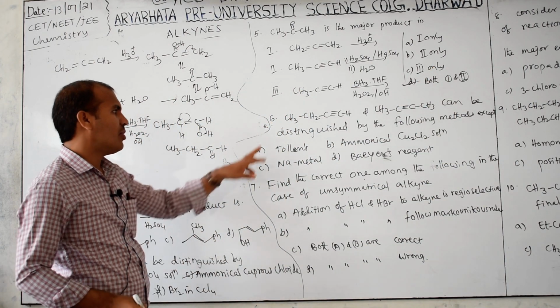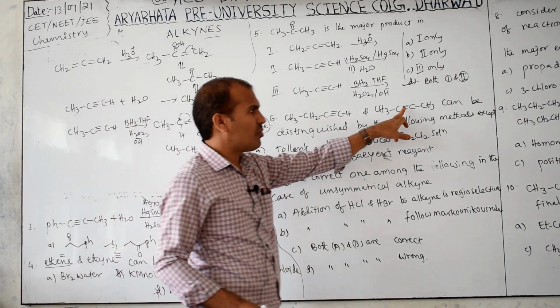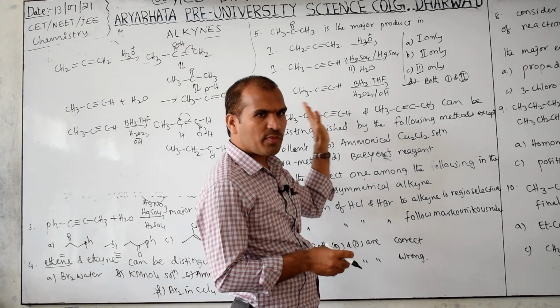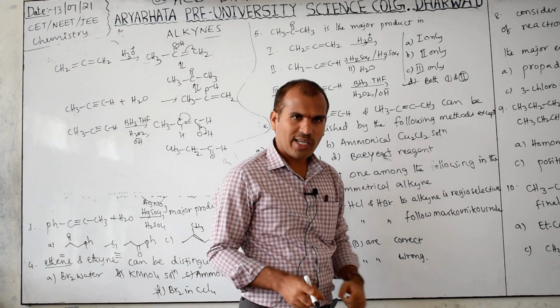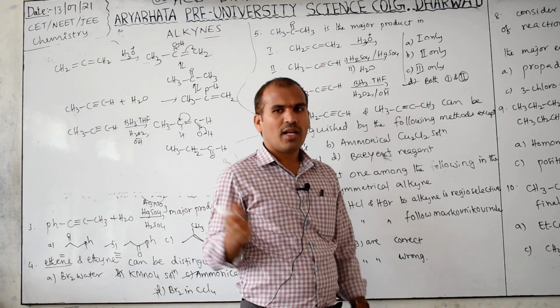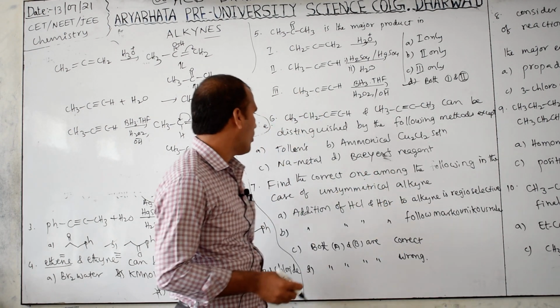Okay. Now, which one is the alkyne? This is terminal. This is internal. It means the triple bond is present in the middle, or at the end. Terminal and internal alkynes can be distinguished by, as I already told in the previous question, Tollens reagent and ammoniacal cuprous chloride.